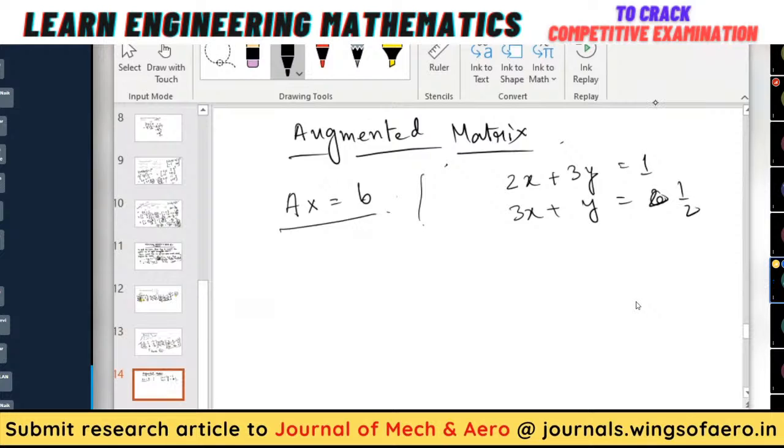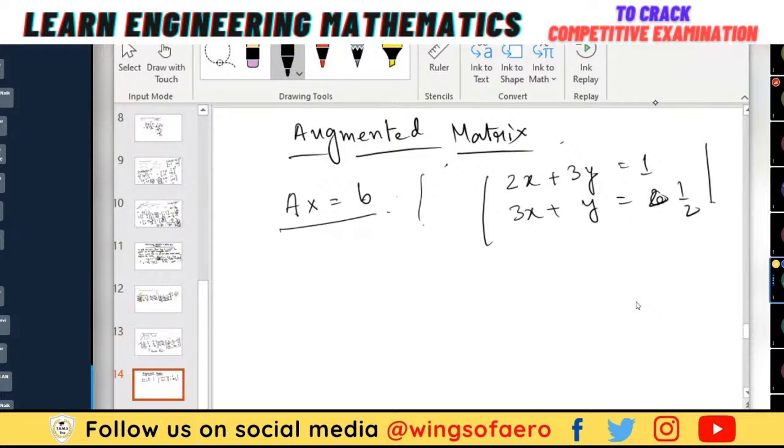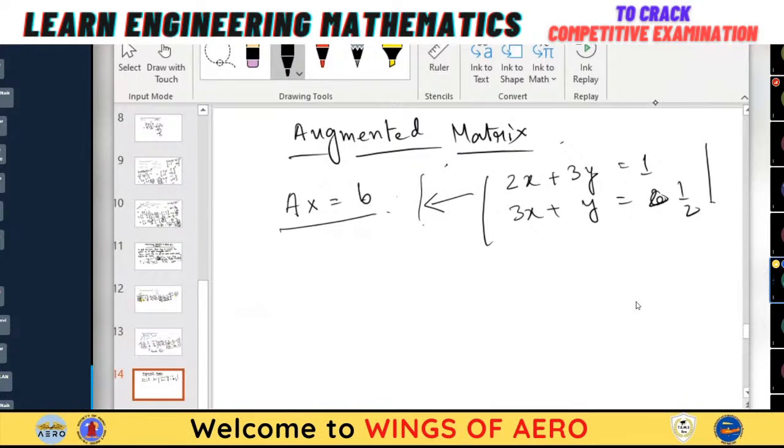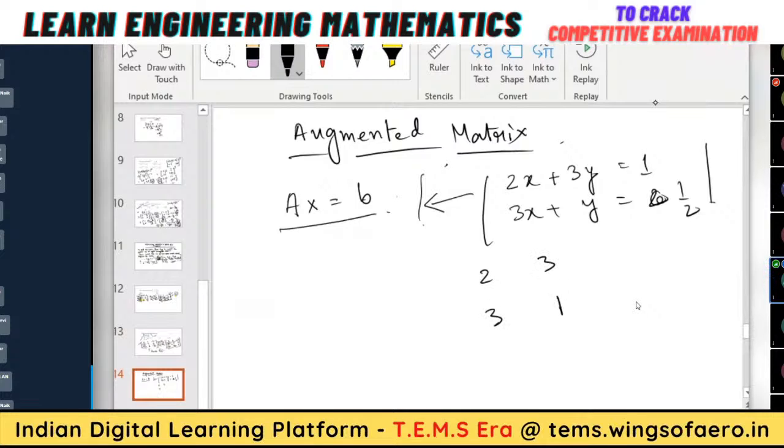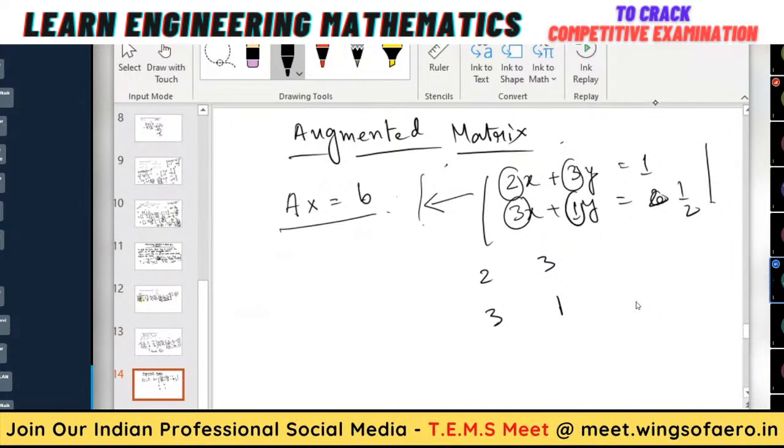So how can you represent this system of linear equations in matrix form? We can simply use the matrix 2, 3, 3, 1.